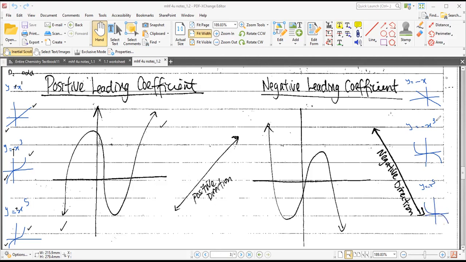Again, the power is odd. The leading coefficient is negative. The end behavior is quadrant 2 to quadrant 4. Same thing for this one: the starting point is quadrant 2, the ending is quadrant 4. I can say that the leading coefficient is negative, and the degree is odd, right?